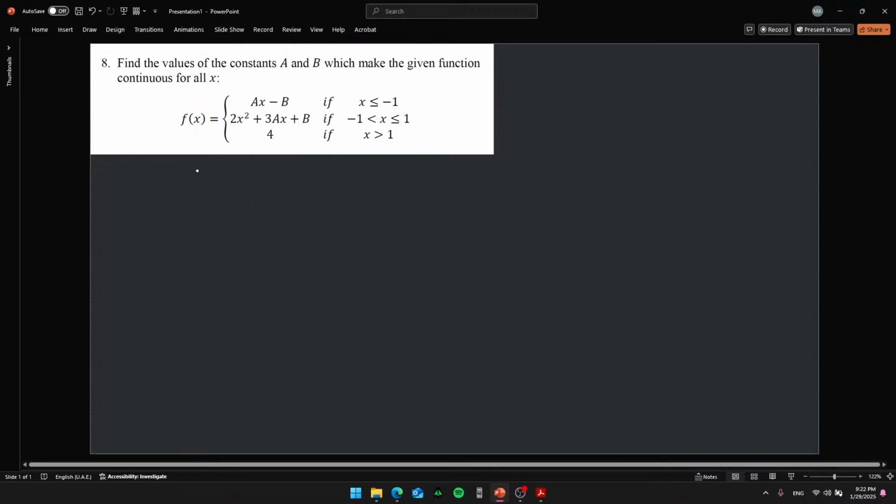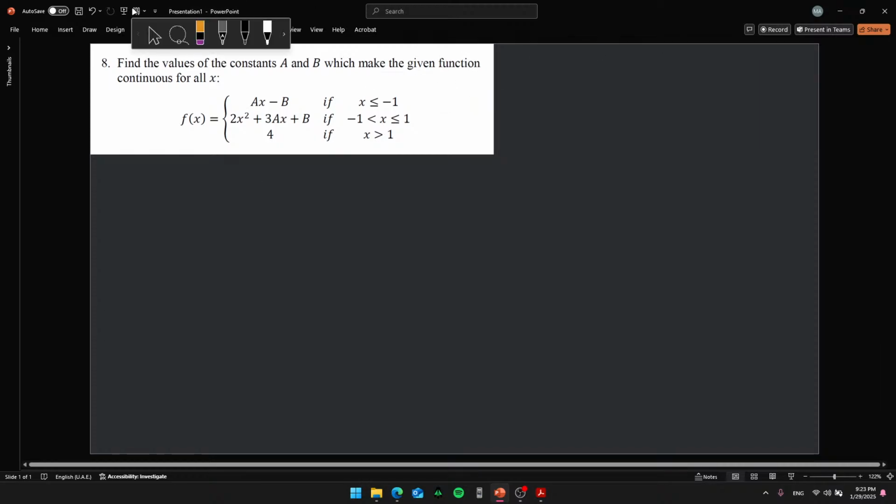Find values of a and b such that the function is continuous. Since we know that the function is continuous, we can say that the limit as x approaches a from the left of f of x equals the limit from the right of f of x equals f of a. So basically we can equate all three.